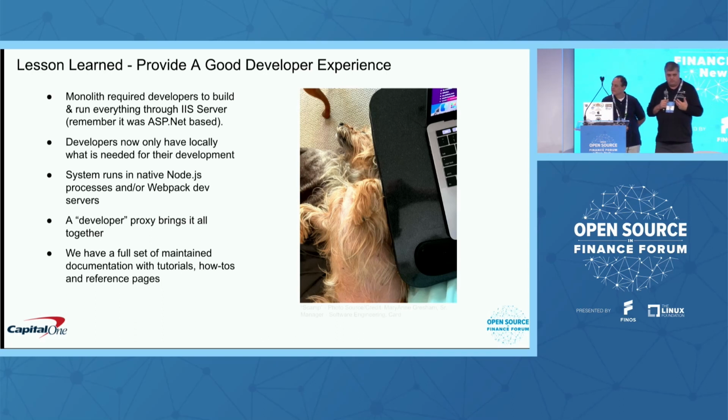And then from the beginning, we were very adamant on having a full set of maintained documentation, tutorials, how-tos, and reference pages. Along with the Congress that Noah mentioned is another place that we do a lot of that knowledge transfer that happens in a system like this.